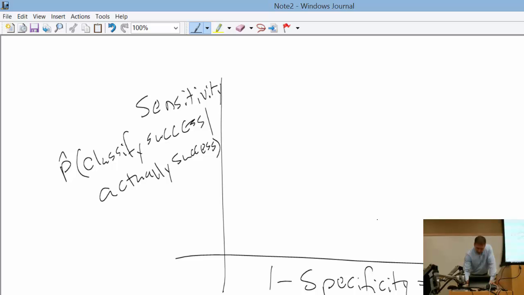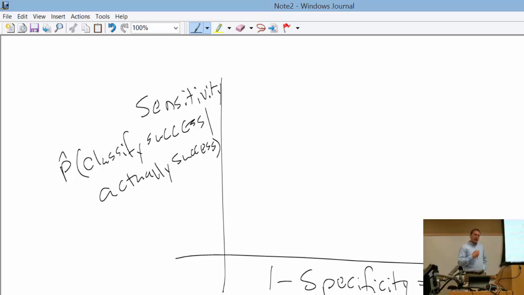I should say essentially it is. And what that means is the estimated probability that you classify as a success, given it is actually a failure. So that's what's on our axes for a ROC curve.